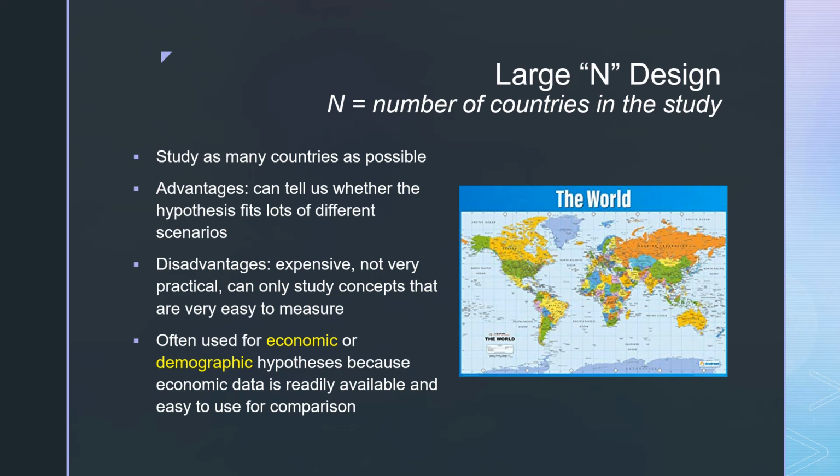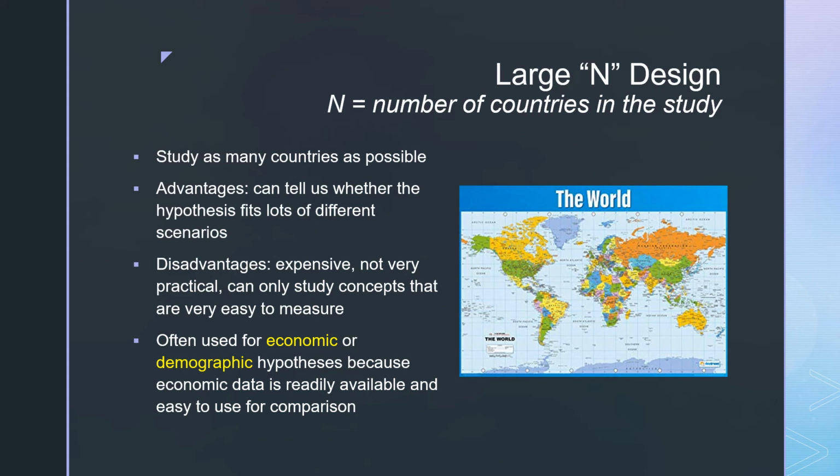So that has a lot of advantages, and its advantages sort of outweigh some of the problems of a case study design. The disadvantages are that it can be very expensive and not very practical to study complicated concepts in every single country in the world.